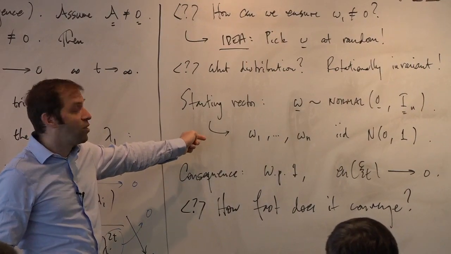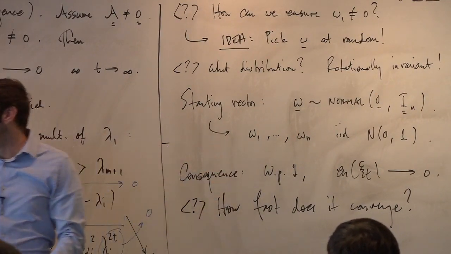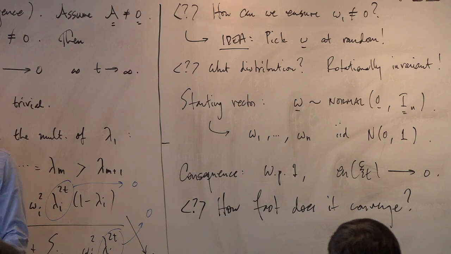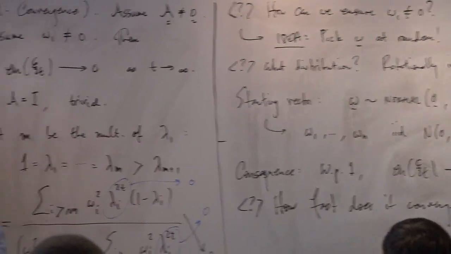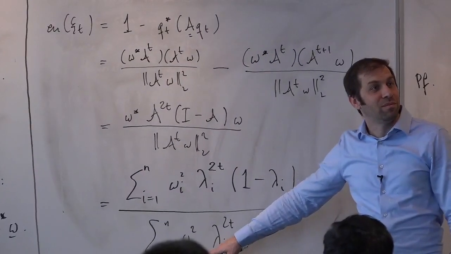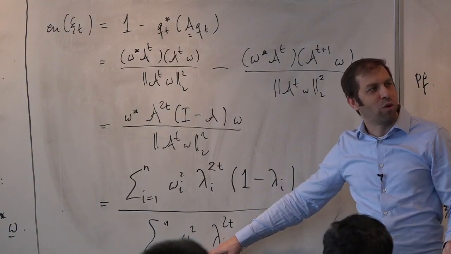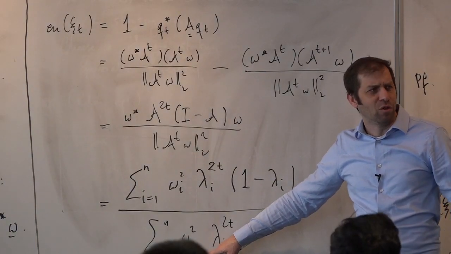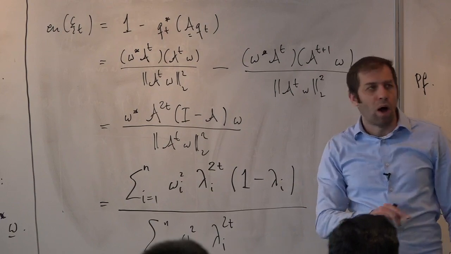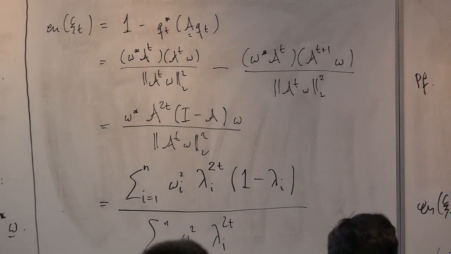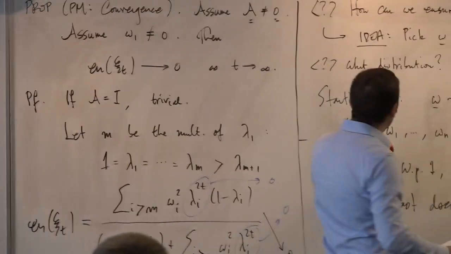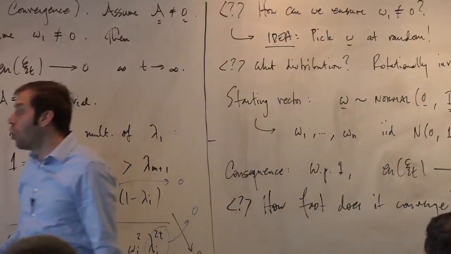So omega I squared is about equal to 1. So heuristically, for a standard normal, you would expect this formula to hold with omega I equal to 1 in all these places. Okay? And that's more or less what happens. The analysis is a little bit more complicated than that. But I want to emphasize two things that are going on here before we continue. The first one is that we really need omega 1.